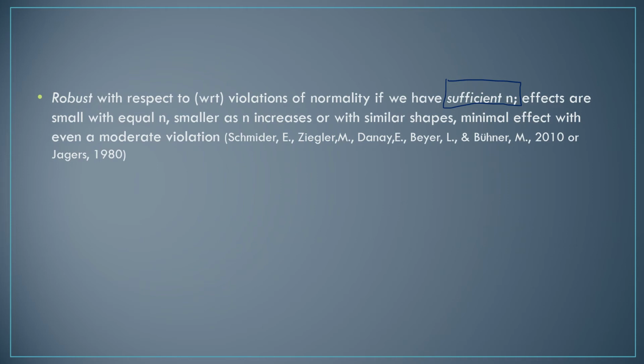And you can use a number of different references. There's two here to support this claim that the ANOVA analysis and the results that it produces are robust enough to overcome the violations of normality with a sufficient sample size.